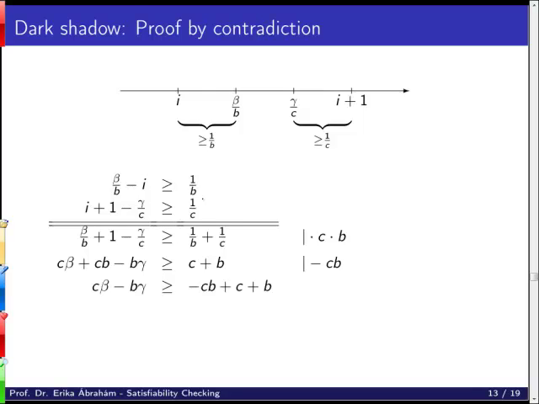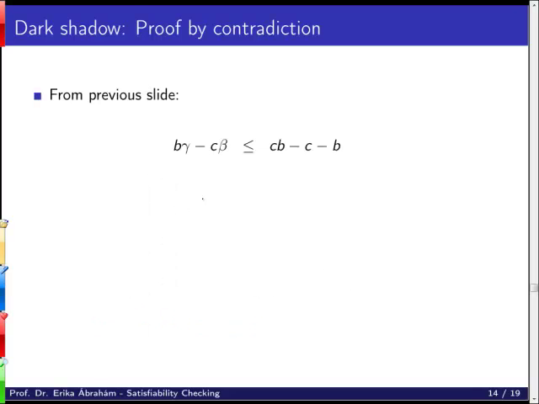Then I bring c times b to the other side, and I multiply by minus 1. Okay, I bring this to the next slide. This is the last one from the previous slide. And now I know that this holds if and only if the negated relation does not hold.